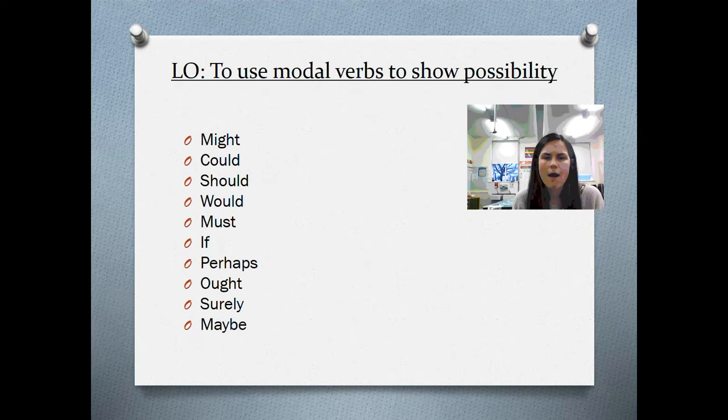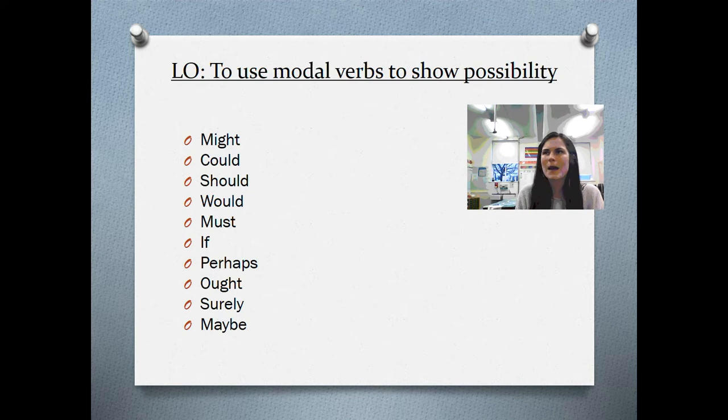So, today our learning objective is to use modal verbs to show possibility. I want you to list down these modal verbs because you might use them in a minute. So we have got might, could, should, would, must, if, perhaps, ought, surely, and maybe. Now we know that modal verbs show us the possibility, and there's different possibilities of things happening.